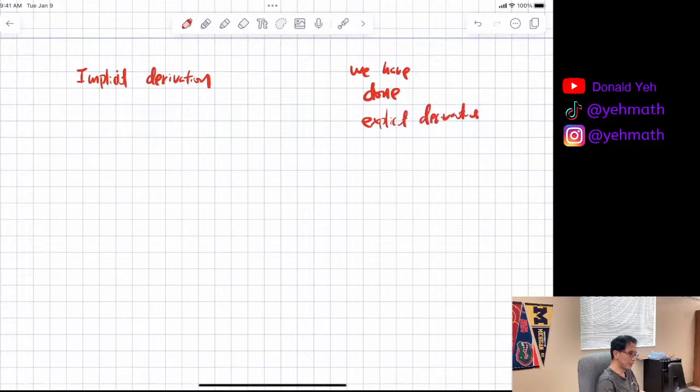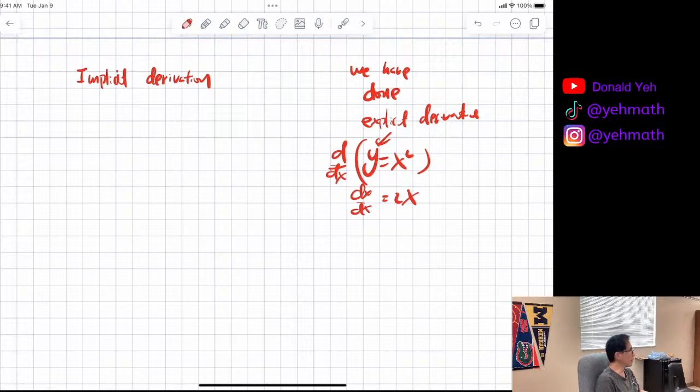That's like y equals x squared. We just take d/dx on both sides, and I get dy/dx. Since we always have y isolated, every function we ever did is always y equals something. So this is just going to be 2x. We know how to take a derivative of this, but that's explicit because we have y equal to something.